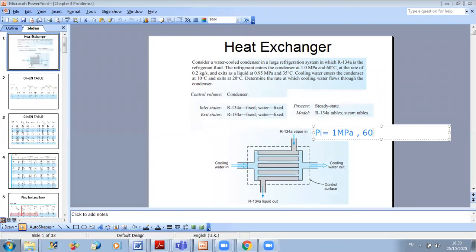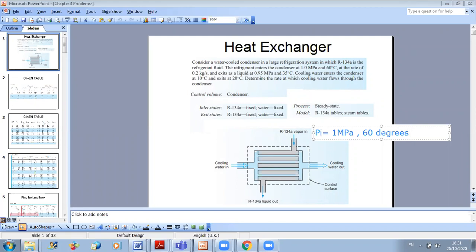As you can see here, they didn't mention what the state is, because once they give you pressure and temperature, from the tables you can know the corresponding state, and we will see together how. Now, it's exiting as a liquid.